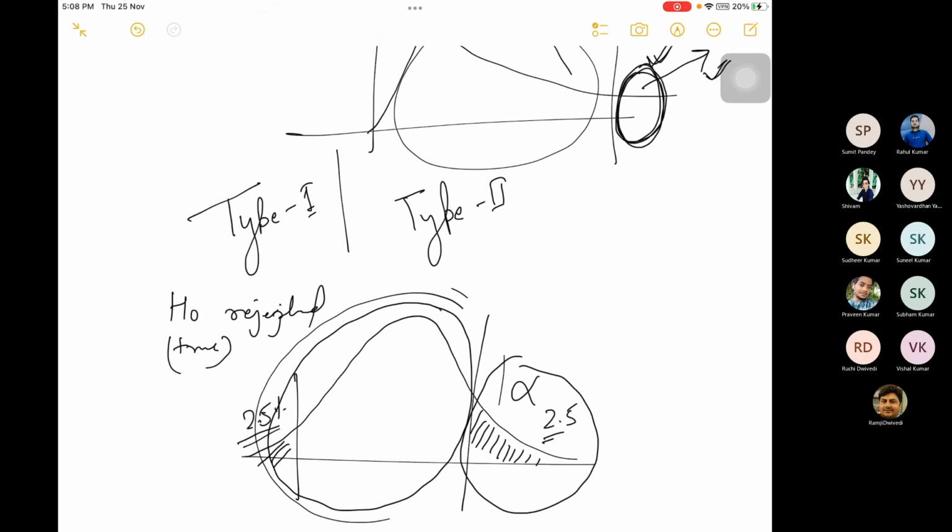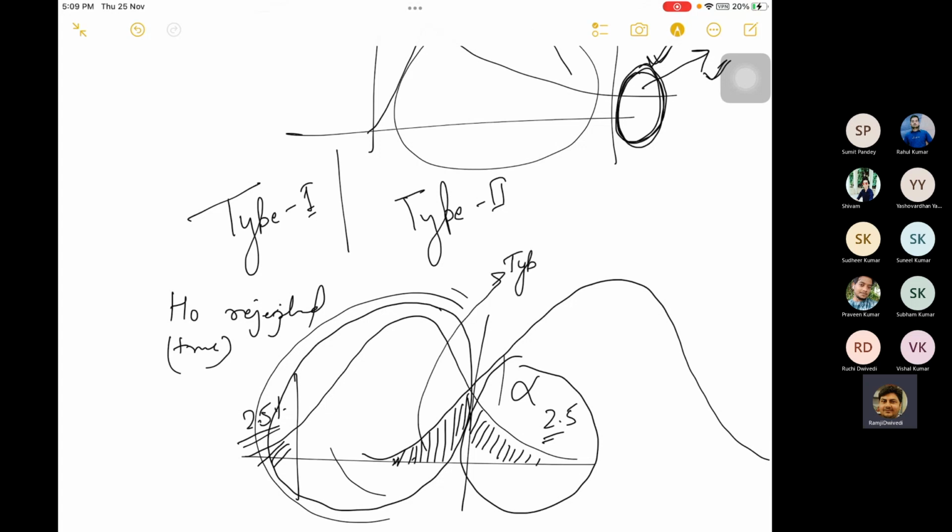Alternatively, if your sample doesn't belong to this population, in fact your population is different, your sample is from this population, instead of rejecting it, you are accepting it with this region which falls in this proportion. This is called a type 2 error. This is the difference between the two type errors, type 1 and type 2.